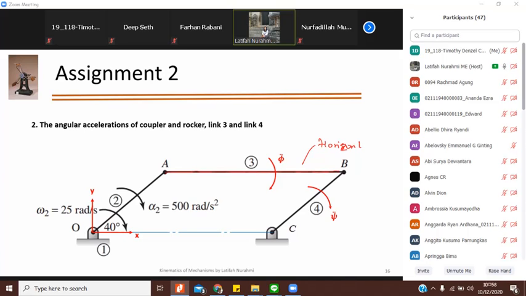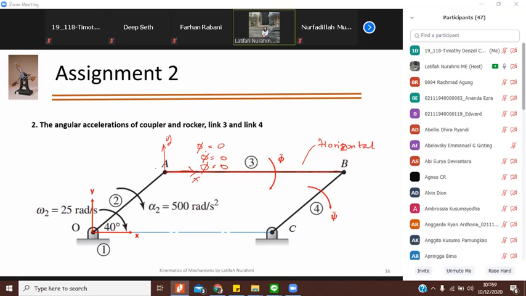So can you draw the conclusion here? If AB is always horizontal, it means there is no change in phi, phi is always 0. If you put x here and y here, phi is always 0, so phi dot is 0, and then phi double dot is always 0.